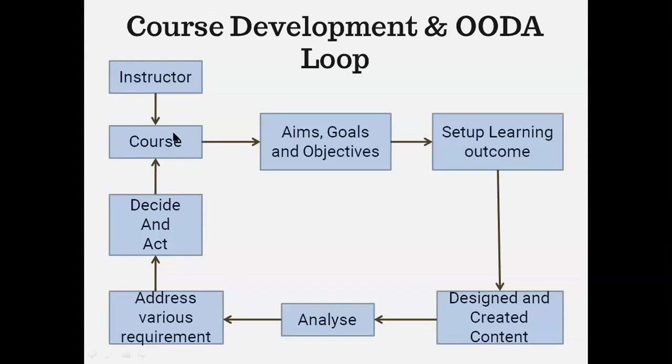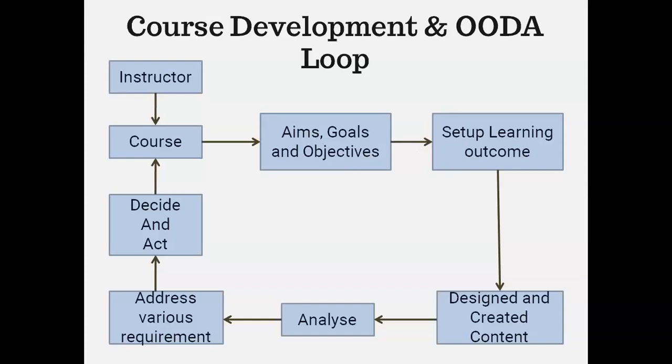Decide upon it, act, then again go back to the aims and goals and objectives. If any of these need to be altered, you would do that. And then again check the learning outcome if that is aligned with the newly set aims, goals, and objectives. And so the loop keeps going on till the time you feel that it has been refined and you have actually got the product that you are looking at.